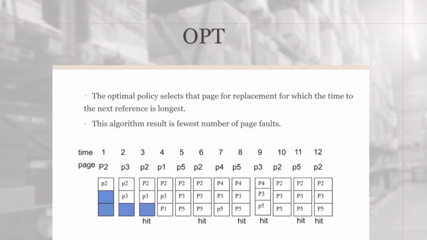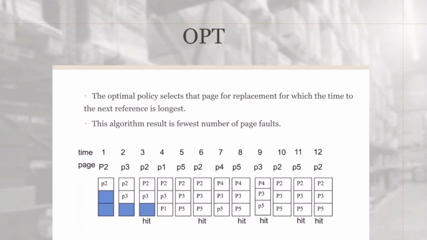OPT stands for Optimal Page Replacement, and it is a page replacement algorithm used in computer systems to manage the content of memory when there is not enough physical memory available to hold all the required pages. Page replacement algorithms are used by the operating system to decide which page should be removed from memory when a new page needs to be brought in.